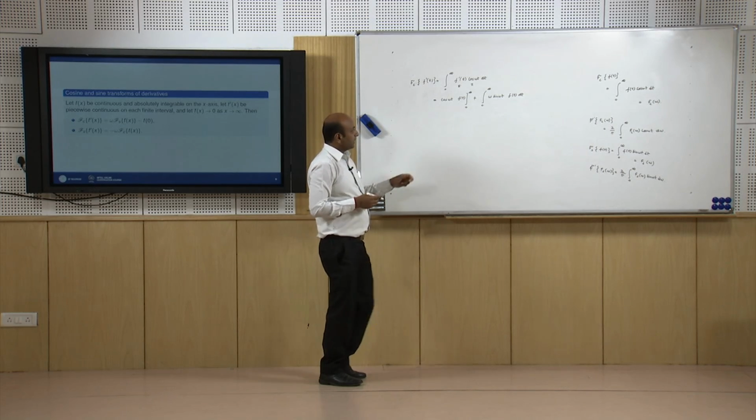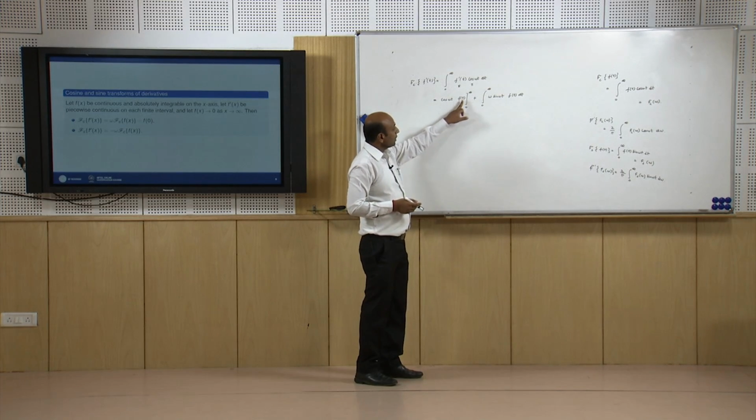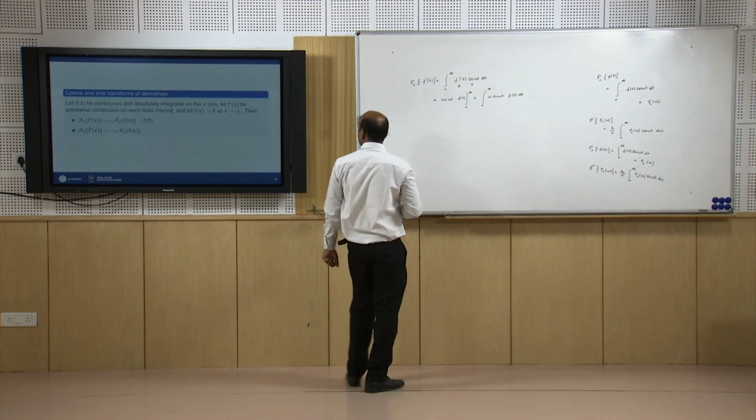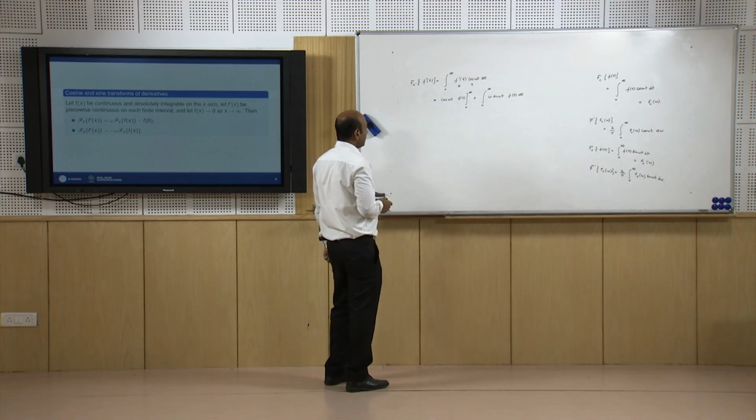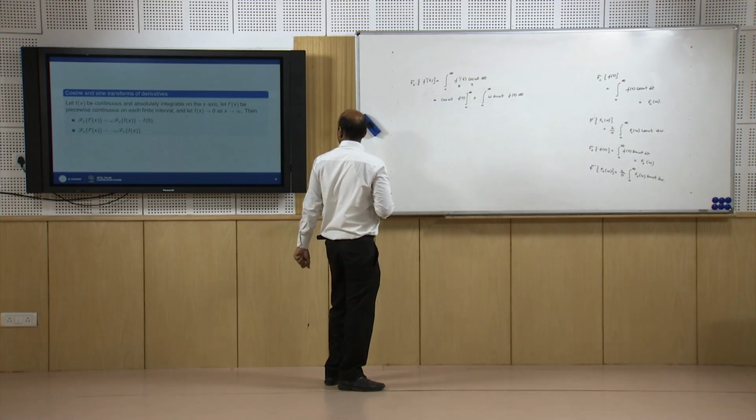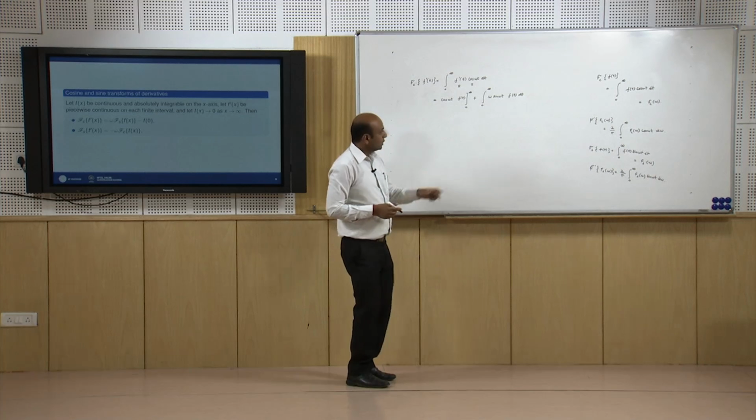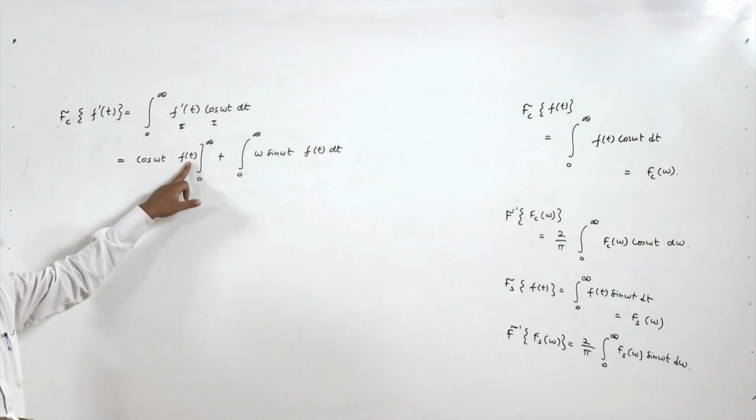Now, when you take the upper limit, we have assumed that as t tends to infinity, f tends to 0, so this will tend to 0.